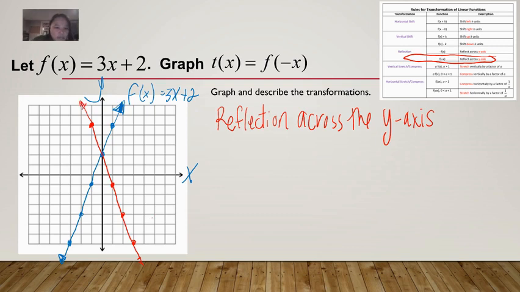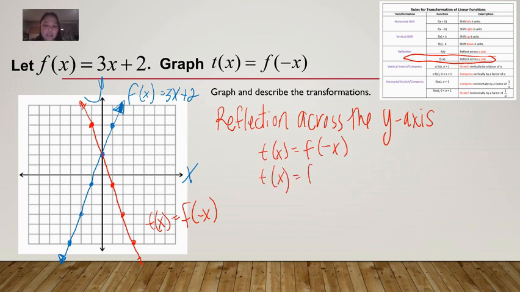And this function would be t of x equals f of negative x. I want to solve it algebraically to come up with the equation and make sure that that equation matches what we just did manually, like by hand. We physically did that. All right, so I'm going to take t of x equals f of negative x. And in order for me to do that, I know that f of x is the same thing as 3x plus 2.